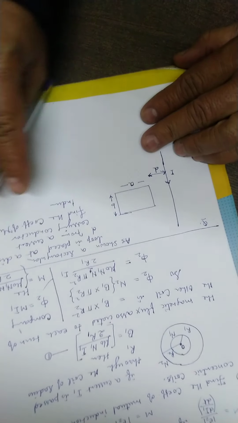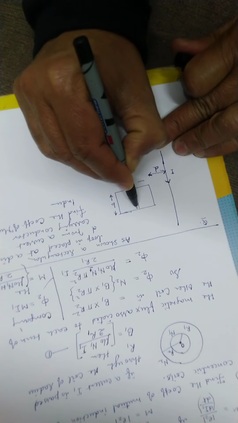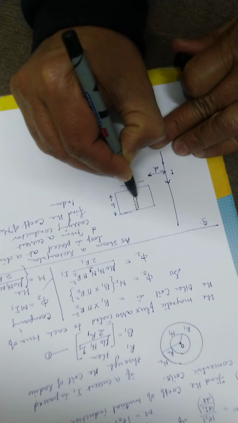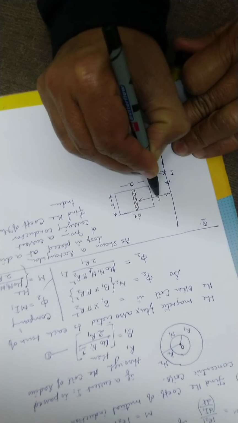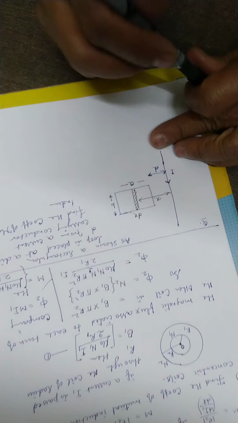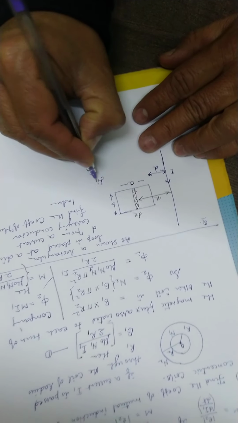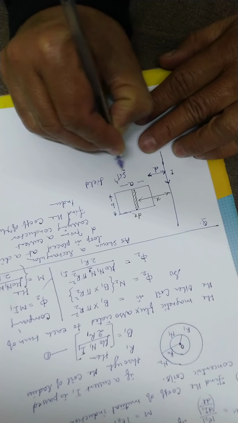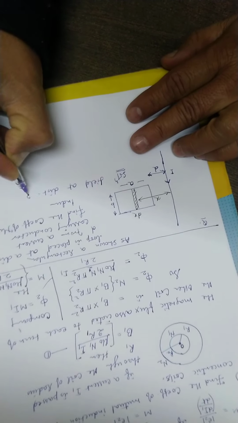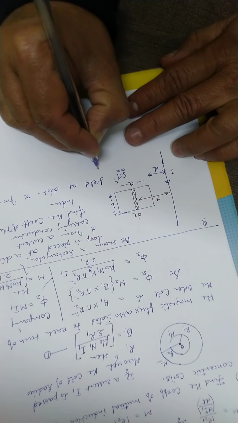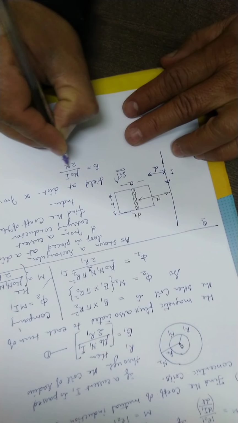So how shall I do this question? I will consider a small element of width dx at a distance x from the conductor. This is the way to do it. So, magnetic field, it is the solution I am speaking: field at distance x from the conductor is B equals mu naught I upon 2 pi x.